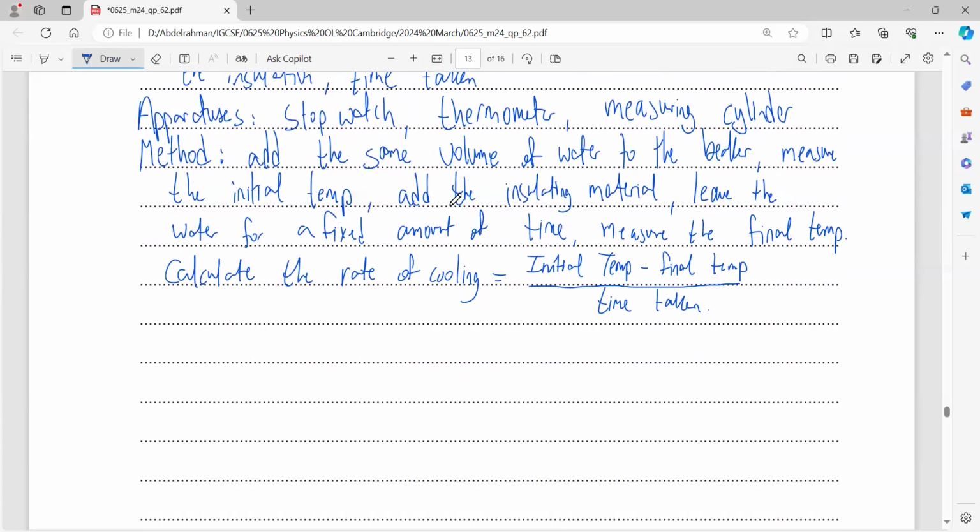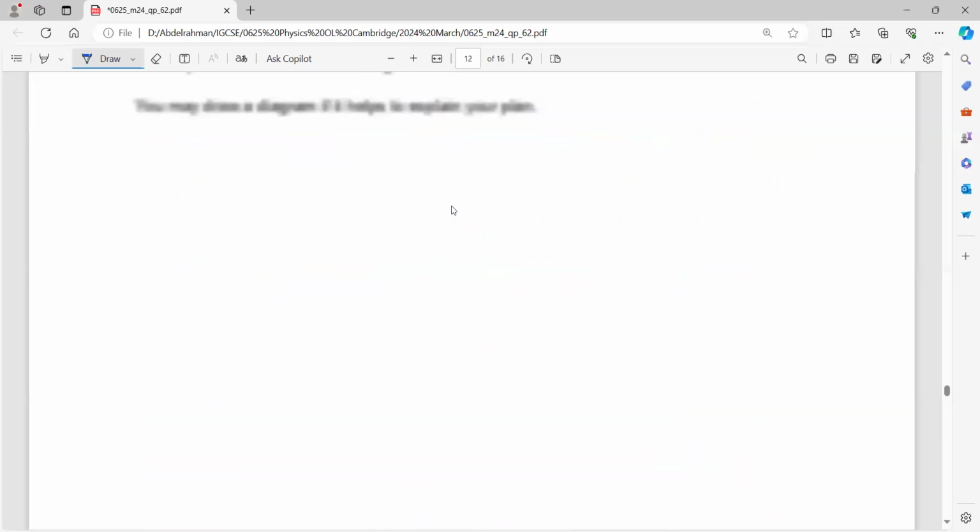And then we have to say that we must repeat the procedure for all the different thicknesses of the insulation available.